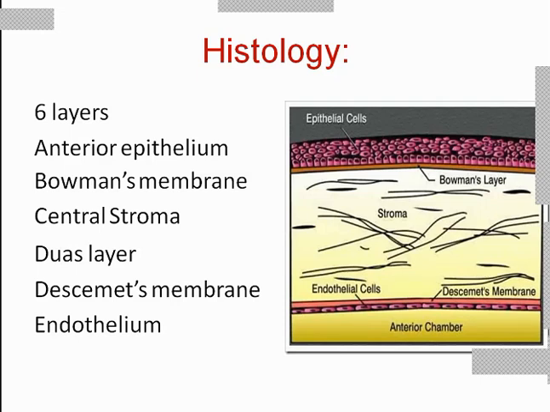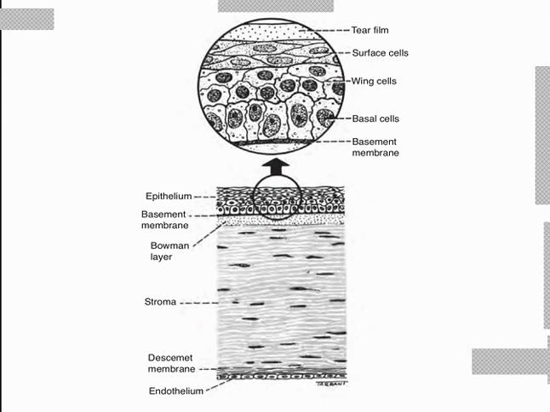If sufficient tear film is there, the epithelium is nourished very well and transparency will be maintained very well. So the first thing you have to study is the tear film, and after that the surface cells, wing cells, basal cells, and the basement membrane. These are the layers of the cornea.